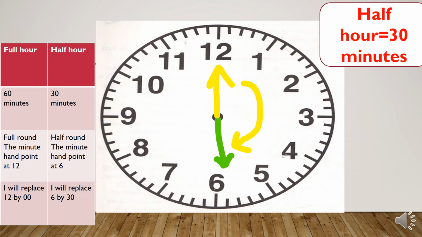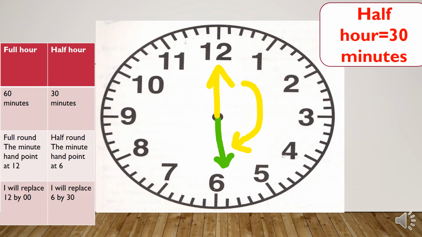So if I start at 12, I will stop at 6. So half hour means I will not complete the full hour, so I will not complete the 60 minutes. I will only finish half of 60 minutes, which equals 30 minutes.